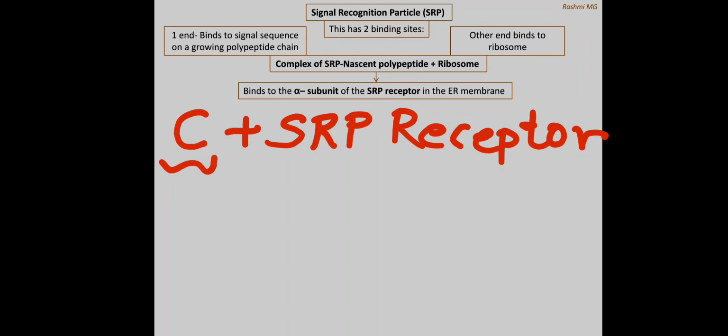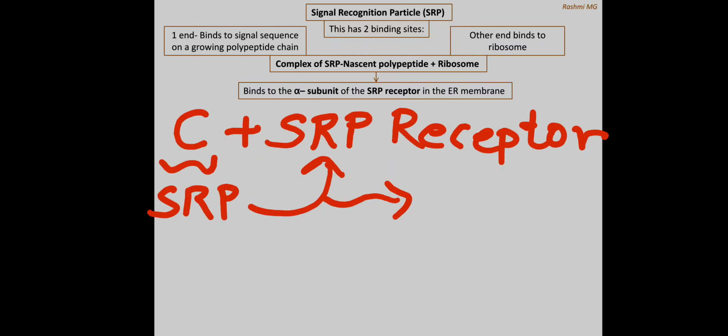The complex has SRP, and it is interacting with the SRP receptor. After both of them react, it directs the SRP ribosome complex to the translocon.